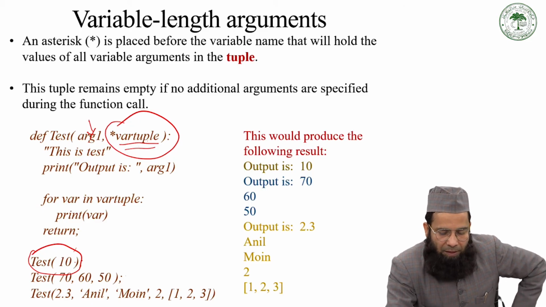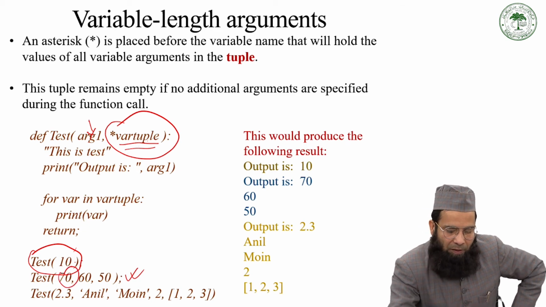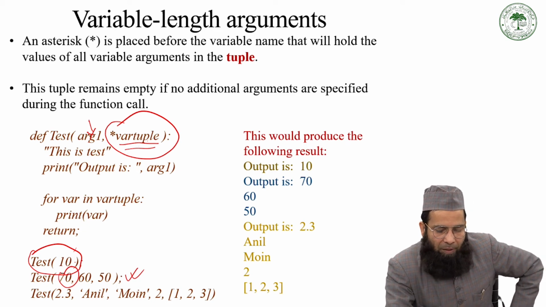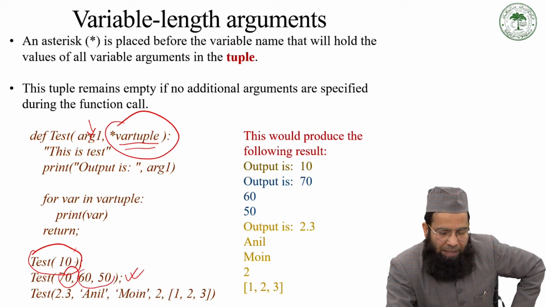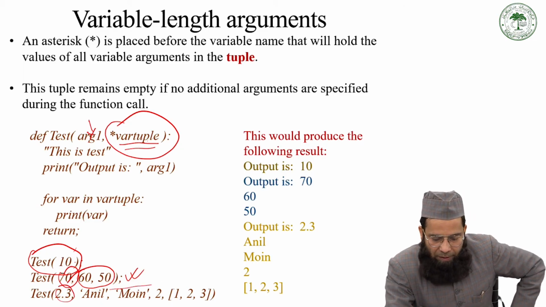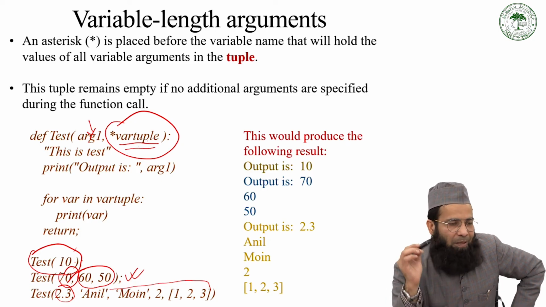Now, in the second scenario, you are passing the values 70, 60 and 50. So 70 would be stored in argument 1 and the variable tuple would contain 60 and 50, right? Similarly, in this case, 2.3 will be stored in argument 1 and all the other values would be stored in the variable tuple.